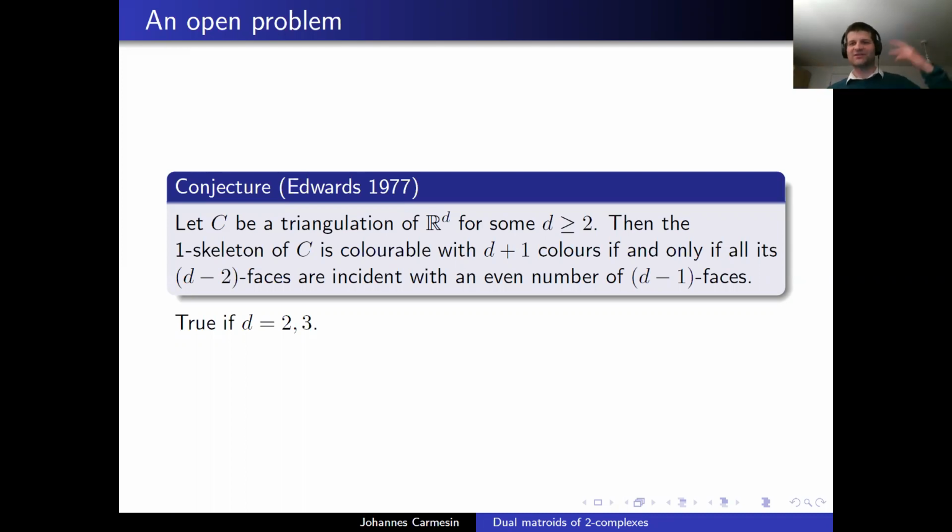You have to get your head around it, and perhaps you could at the right place get good conditions, but it seems like a harder problem, I would say. Because we don't completely understand when a 2 complex embeds in the 3 sphere. We need this assumption of simply connectedness. But yeah, perhaps you have a way around it. I think it's a very exciting question, and I don't know the answer.